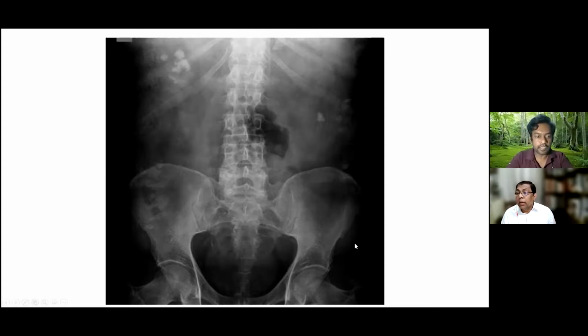I think it's a posterior-anterior X-ray. Most X-ray KUBs are posterior-anterior. Yes. I could see a marking, the letter R. Okay, right, fine. Let's move on. Let me come back to you.